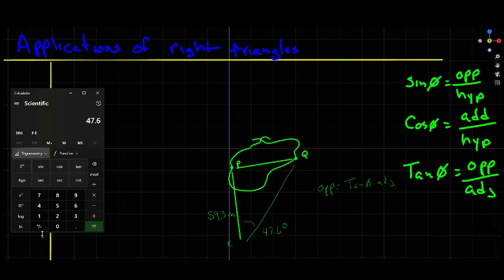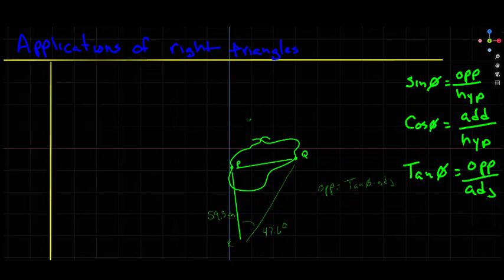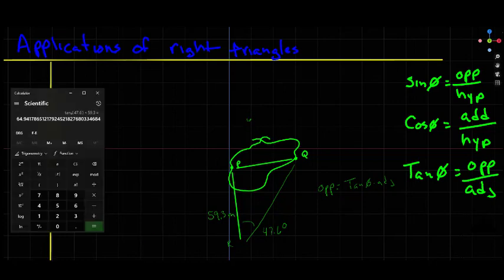We need to find the tangent, 1.09 or 1.1, and we multiply that times 59.3, and that's going to give us 64.94, so 64.9.